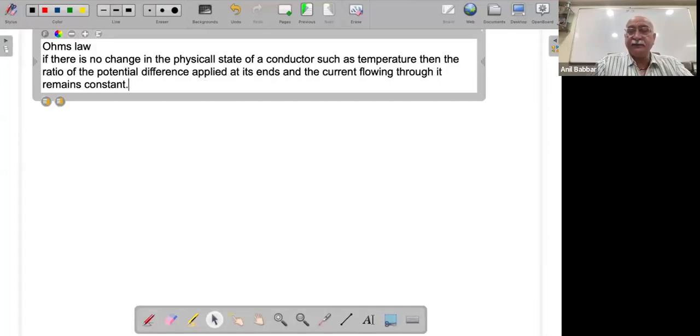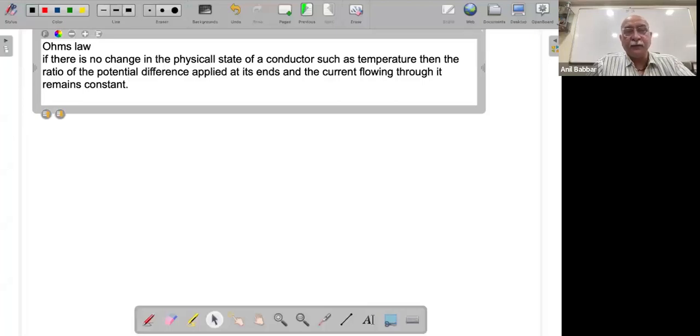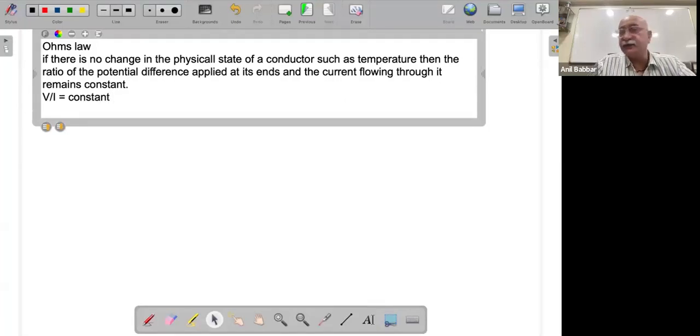That is, we say V by I equals constant, and this constant is called resistance, which is V by I is equal to R. R is constant, that is called the resistance. And the factors on which the resistance depends.